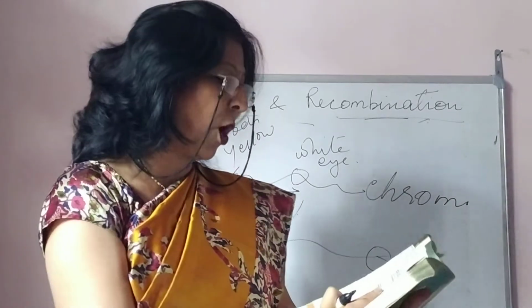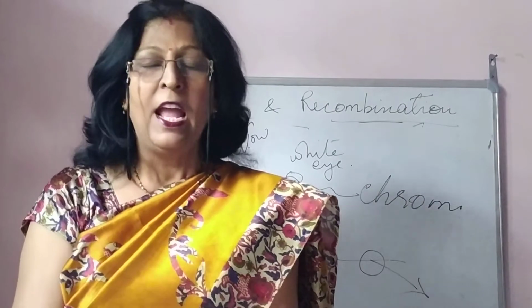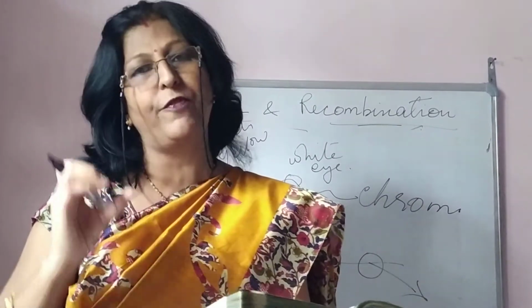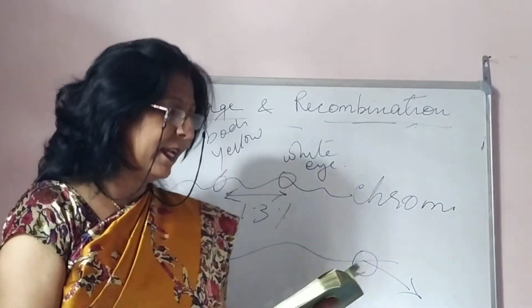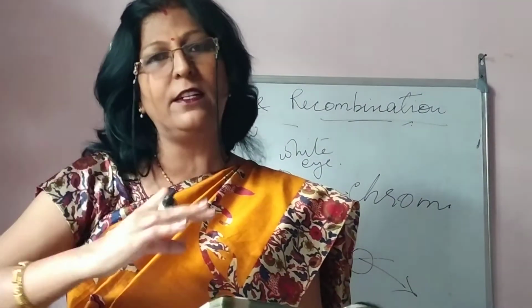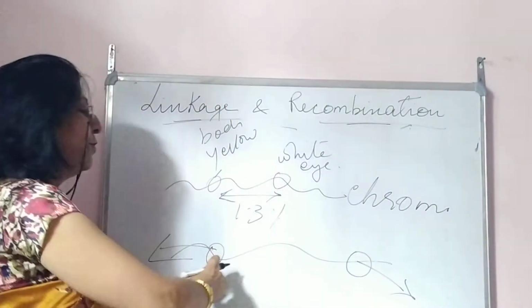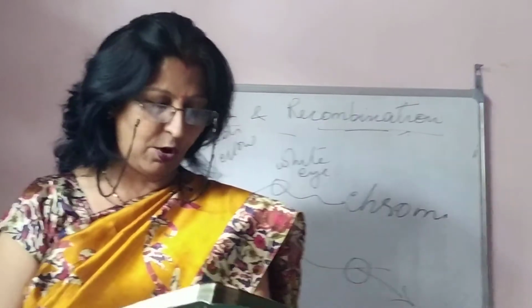You can see the small y and small w characteristic. It's very close, hence the chances of recombination are very less. While in cross B you see white miniature type and wild type, both the genes are quite separate. The distance between them is quite large, and hence there are more chances of recombination.